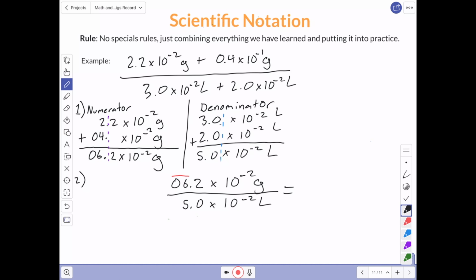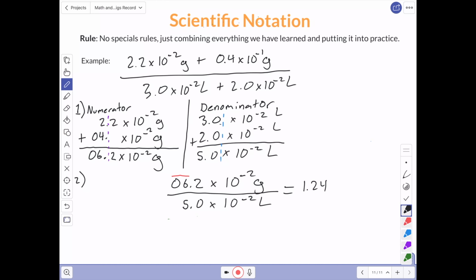The great thing about scientific notation is that it makes our math slightly easier. All we have to do is divide the front numbers. 6.2 being divided by 5 gives us 1.24.